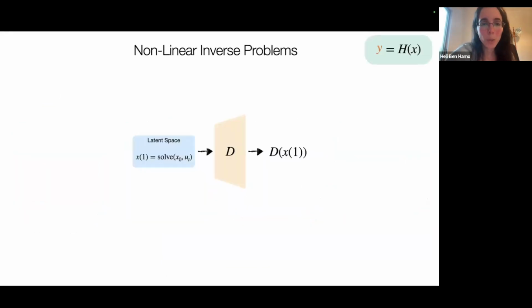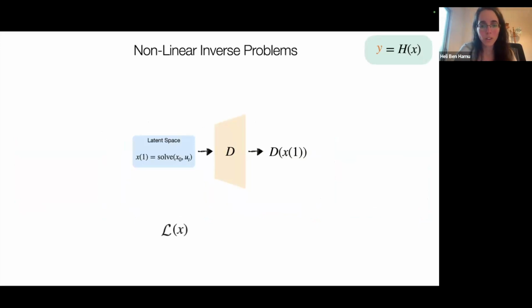The example that we used for a nonlinear inverse problem was a latent diffusion model or latent flow model. So the flow happens in the latent space, and then we have the decoder applied to the result of the flow.